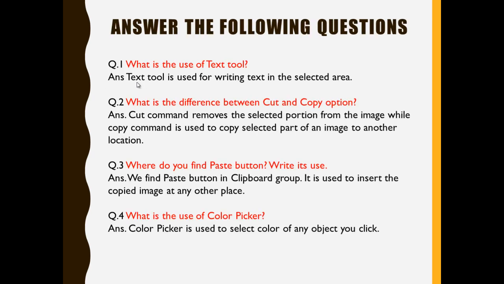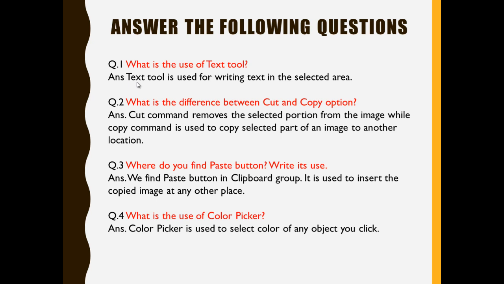Answer the following questions. The first question is, what is the use of text tool? Answer is, text tool is used for writing text in the selected area. Second, what is the difference between cut and copy option?